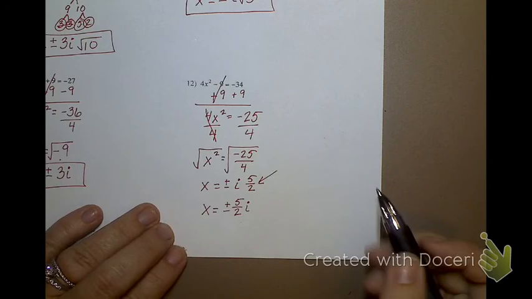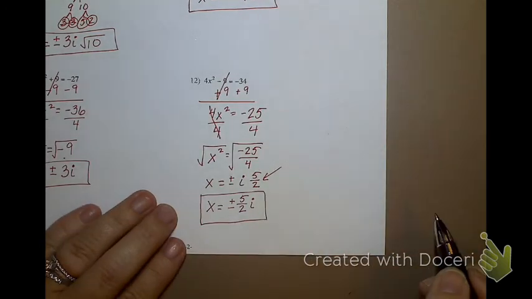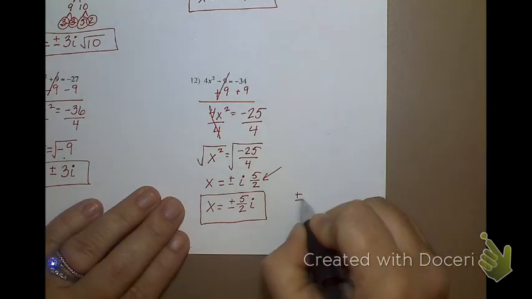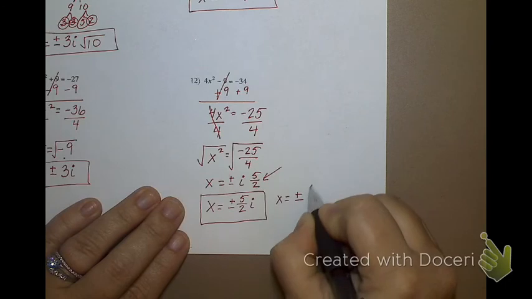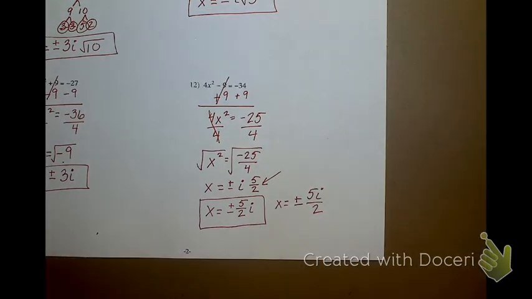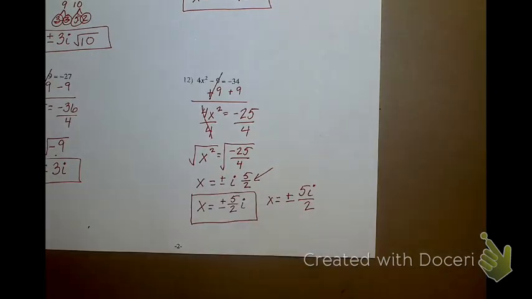But if you want to show Miss Franken that you're smart, you can write it that way. Exactly. That's a good way. I will also accept x equals plus or minus 5i over 2 if you want to put the i on top. Okay? So those two are good. That one looks a little less intelligent.